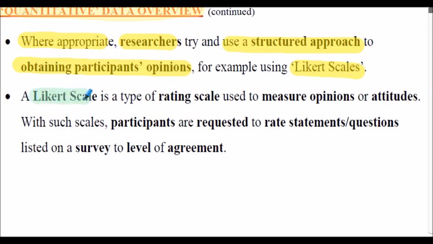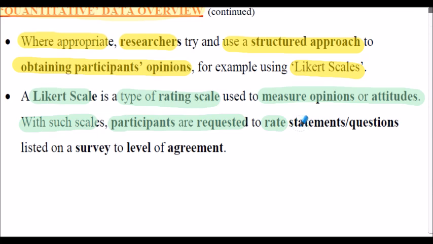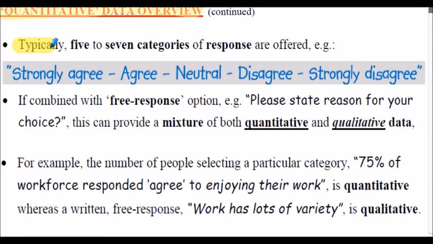A Likert scale is a type of rating scale used to measure opinions or attitudes or behaviours, and with such scales, participants are requested to rate statements or questions that are listed on a survey to a level of agreement. So typically, 5 to 7 categories of response are offered within a statement or question on a survey.